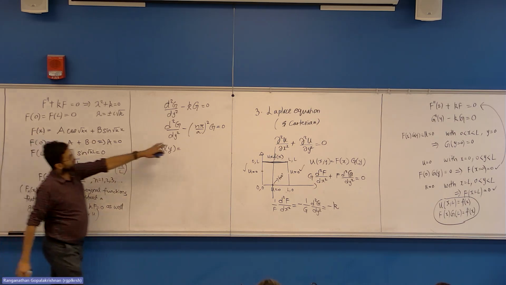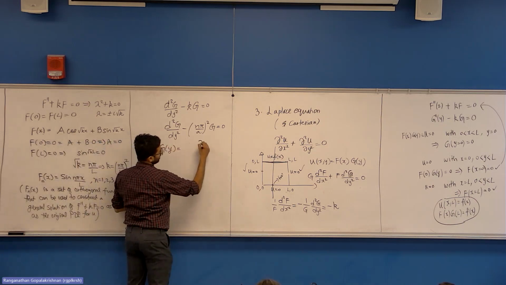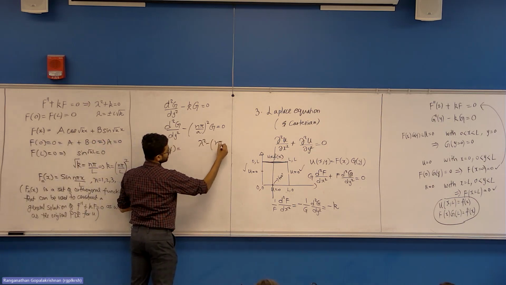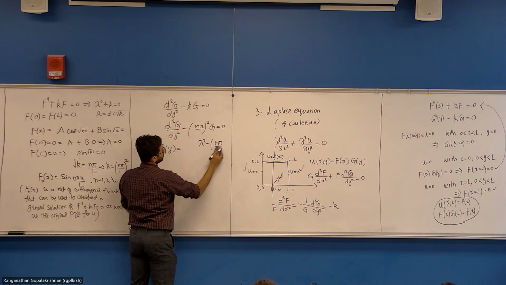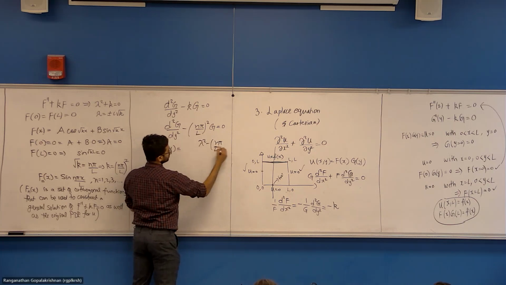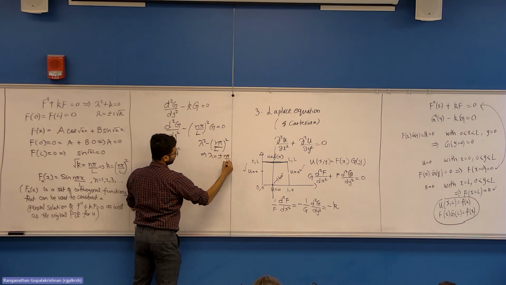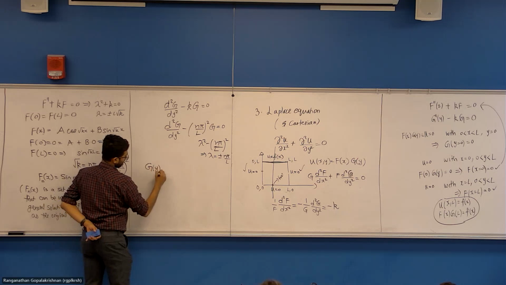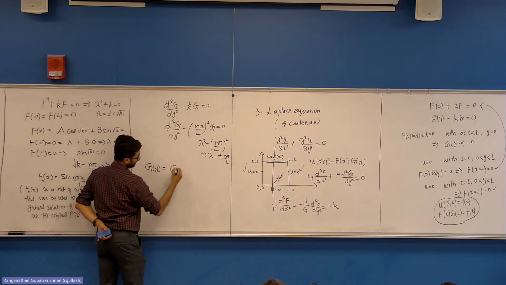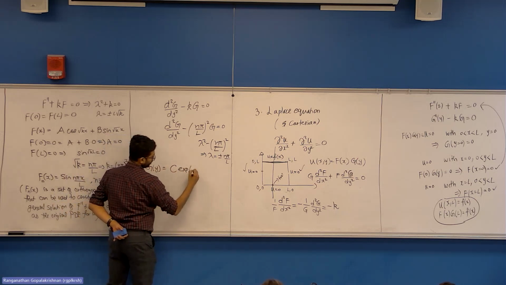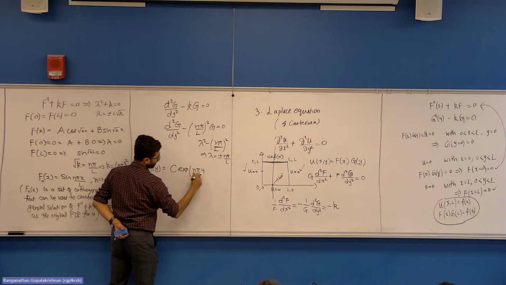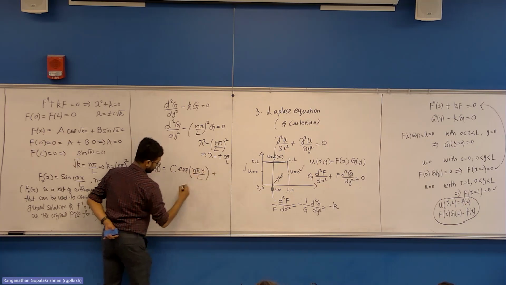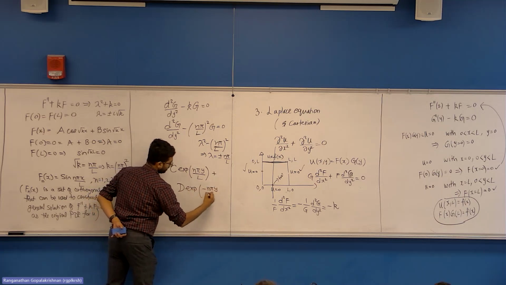This is a positive number, so your characteristic equation is lambda squared minus n pi over L squared, which implies lambda is plus minus n pi over L, positive numbers. So g of y would be, let's call it c, exponent of n pi y over L plus d exponent of minus n pi y over L.